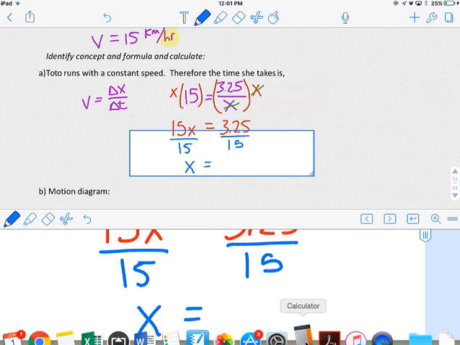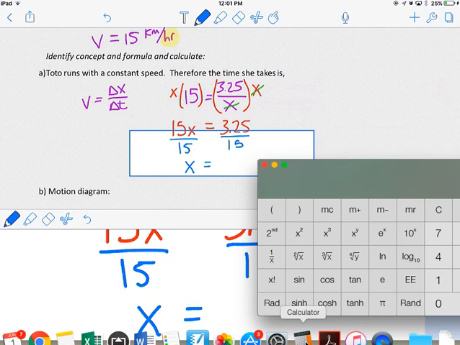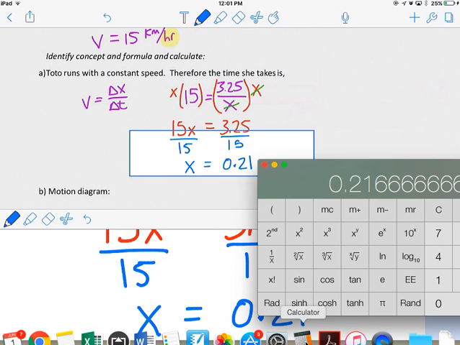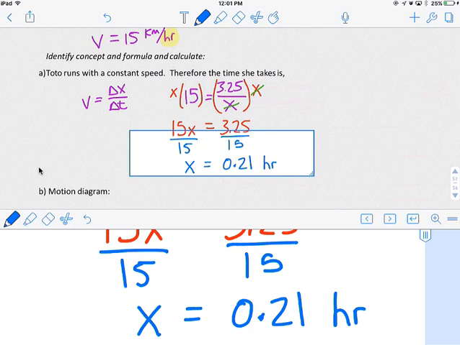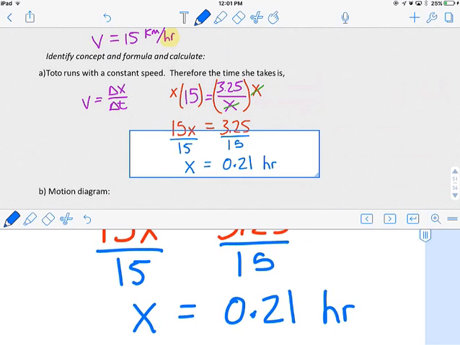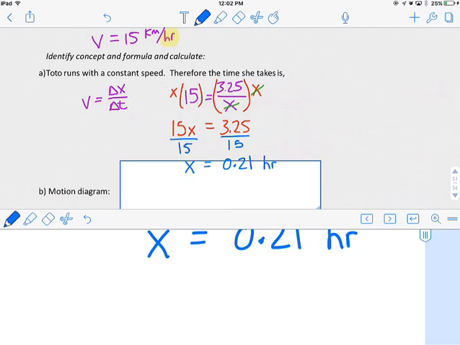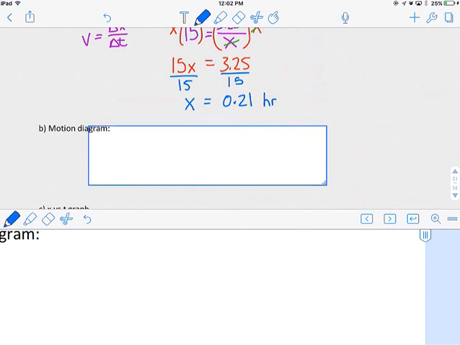Let me get my calculator up here. 3.25 divided by 15, and I get 0.21 and some other numbers, but I'll round off. And then I said that my unit would be an hour. We'll make that go away. All right, so it took less than an hour, in fact 0.21 of an hour. We could probably calculate just how many minutes that is, but we're not going to worry about that today.